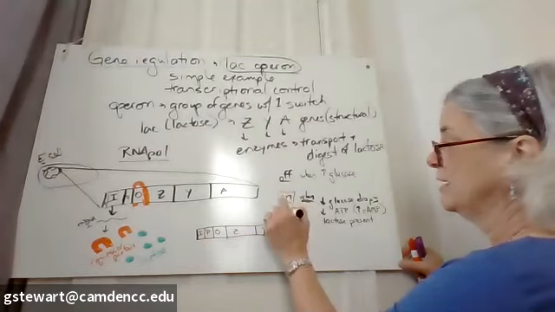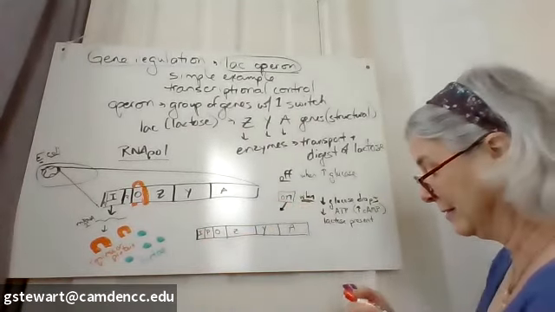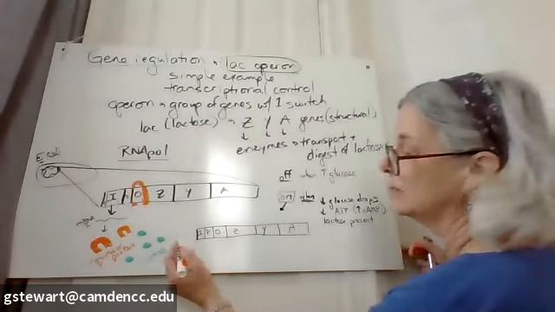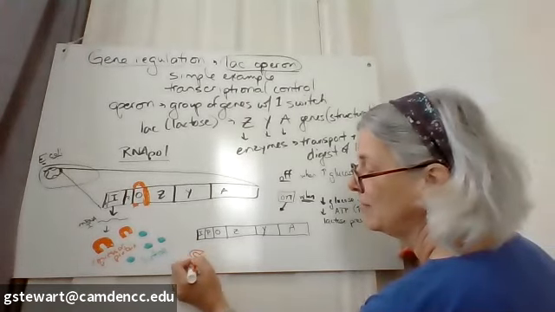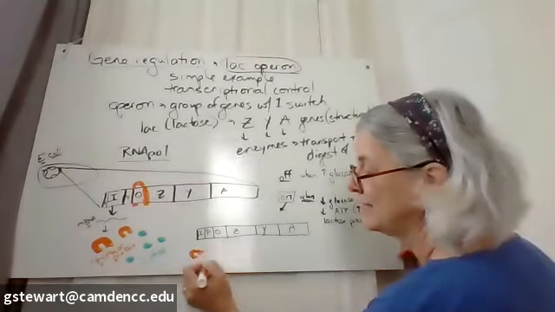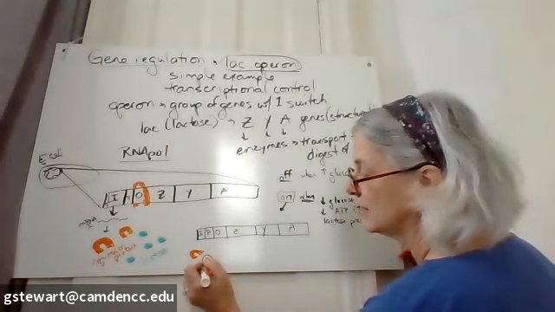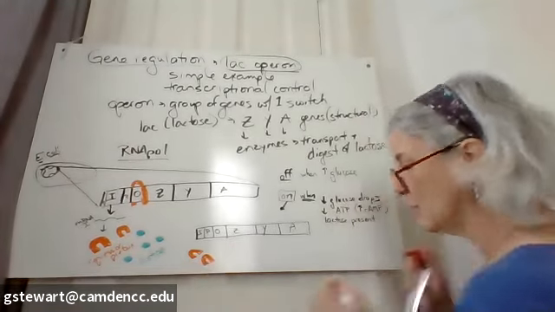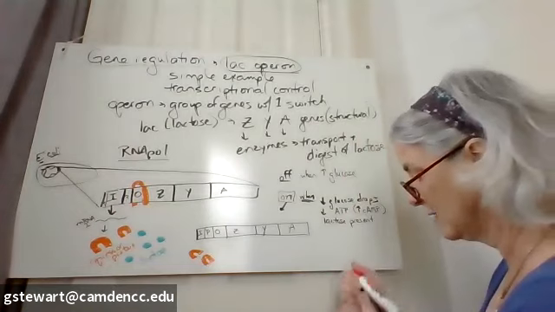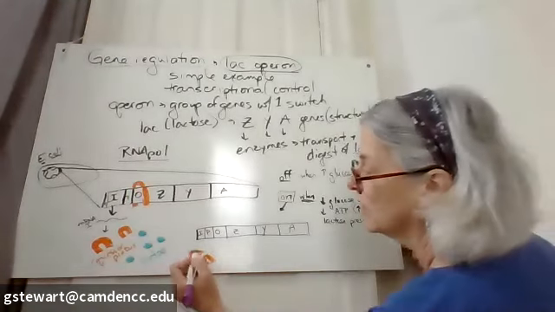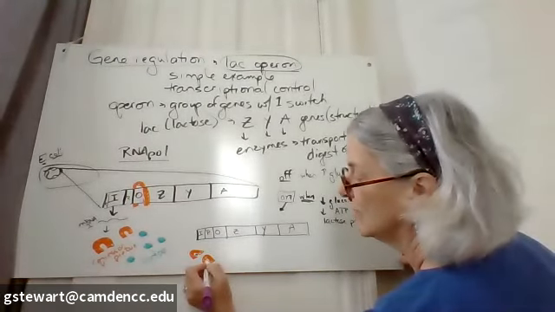When lactose is present, when this operon is on, I is still making repressor protein. However, repressor protein, instead of binding to operator at this point, is going to be bound to lactose. I'm going to try to draw some little blue circles again inside of here.